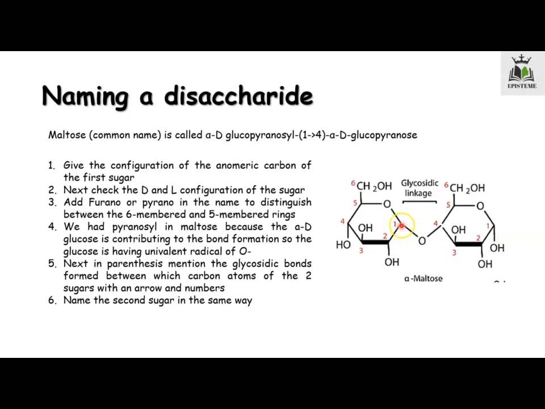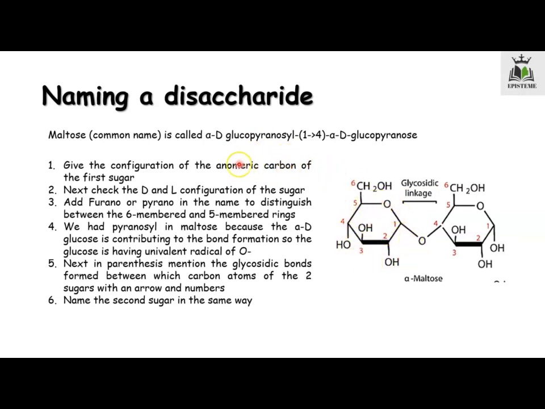That means the OH is at the bottom, and that means that this sugar is an alpha anomer. So alpha. Then D. We consider it a D stereoisomer because the CH2OH is at the top. Next, glucopyranosyl, because it's a glucose structure and it's a pyranose, 6-membered ring.